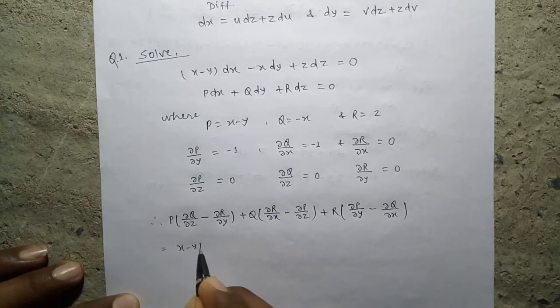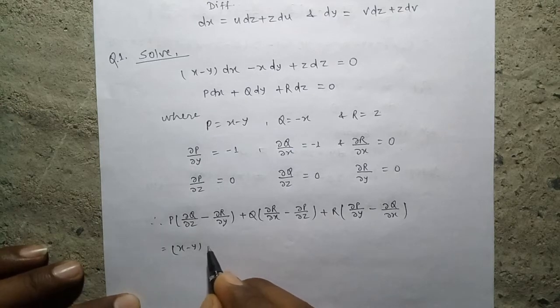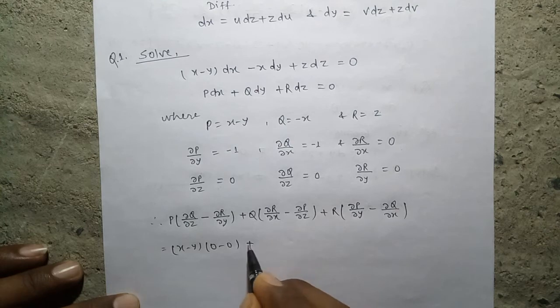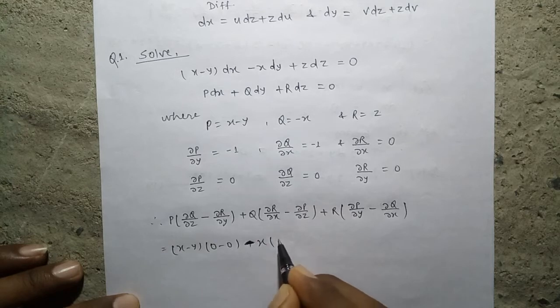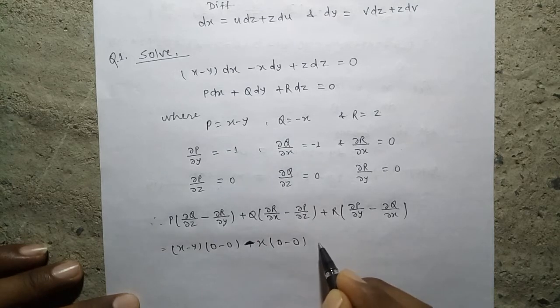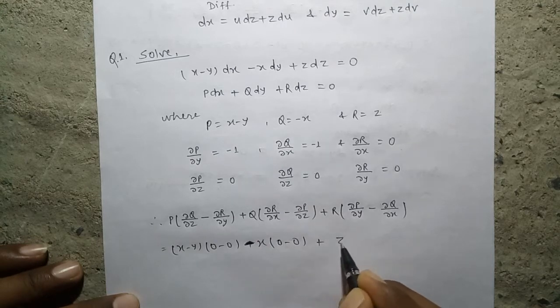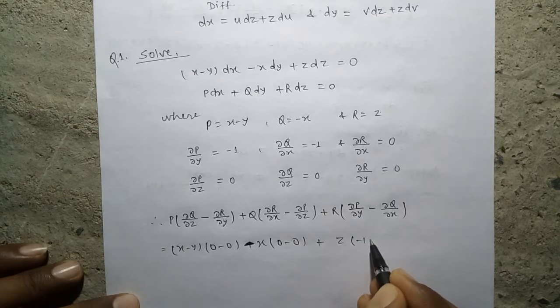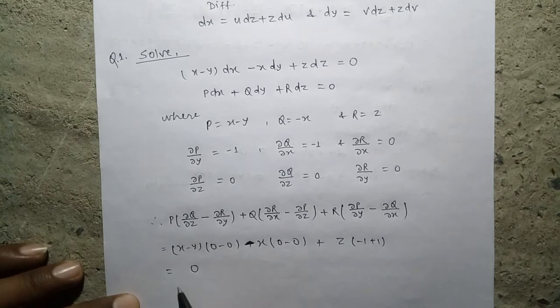(x minus y) of (0 minus 0) plus minus x of (0 minus 0) plus z of (-1 plus 1) all equal to 0.